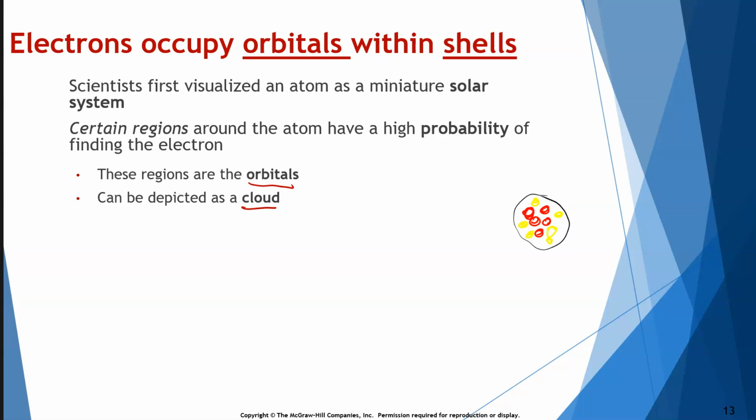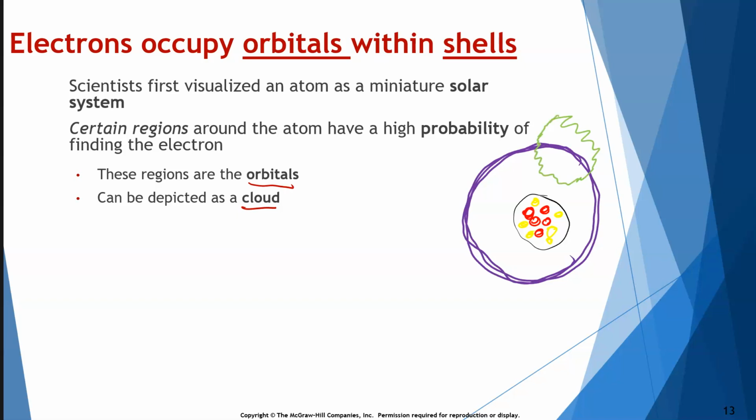The next thing I will draw will be a shell. A shell is that orbit. As the electrons move around this nucleus, they move in this particular orbit that we call a shell. Within this shell, we're going to have these cloud-like regions called orbitals. I'm going to draw a little cloud. This would be like the library.